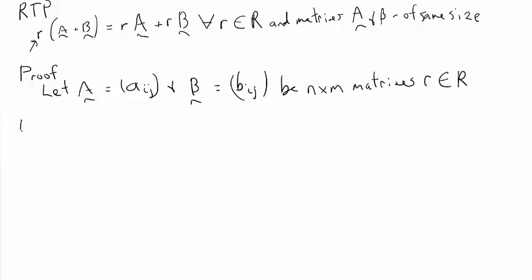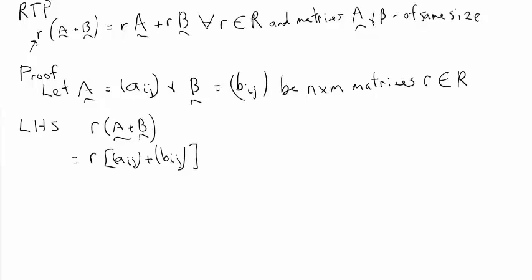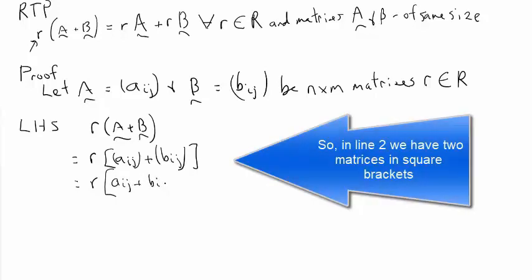Develop the left hand side, and close the square brackets too. Now we look at the definition of matrix addition, which means we add corresponding elements of the matrices together, which gets rid of those inner brackets.